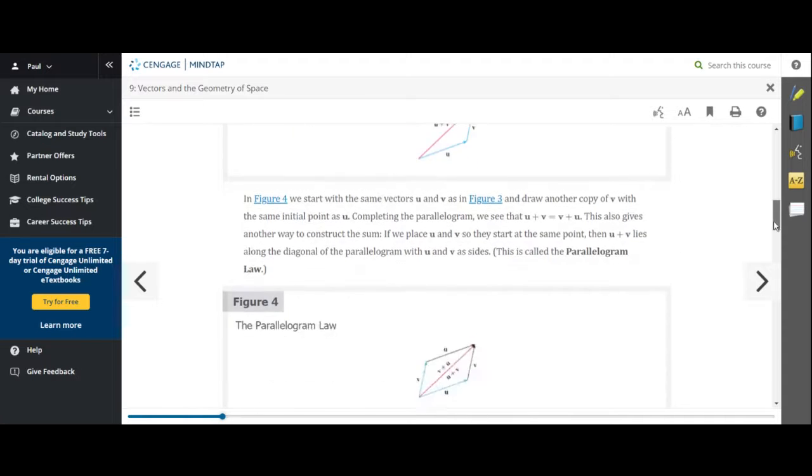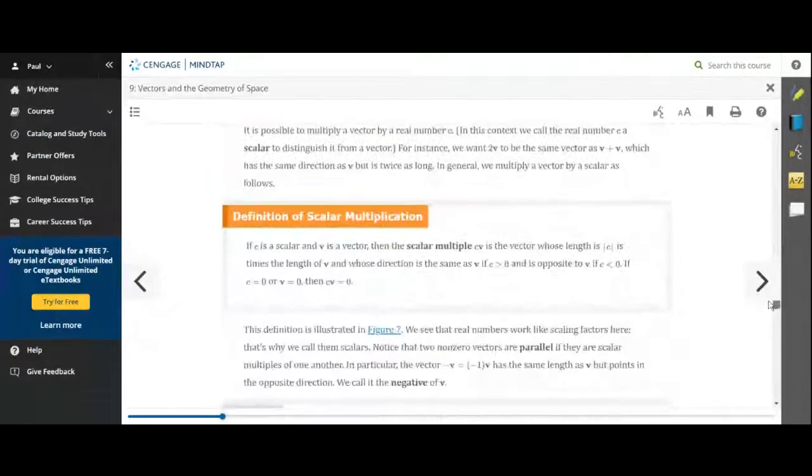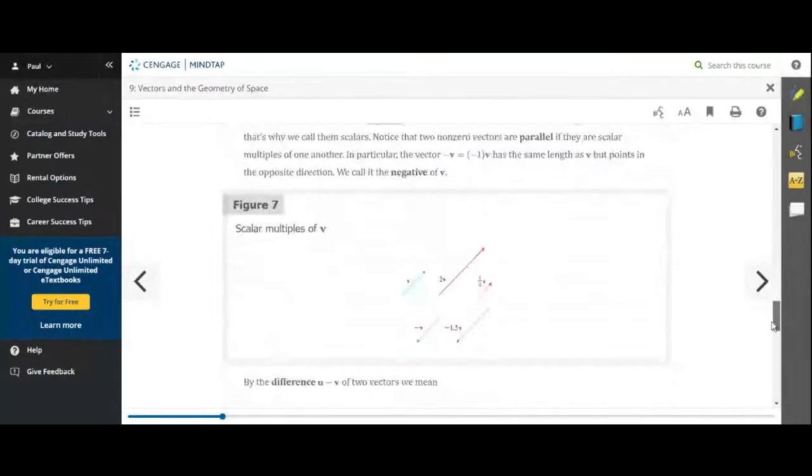Okay, well, moving on here, I'm not going to go over every little thing. But you can multiply a vector by scalars. So here in figure 7, you have a vector v, and what they're doing here is 2 times v. That just doubles the length of the vector.